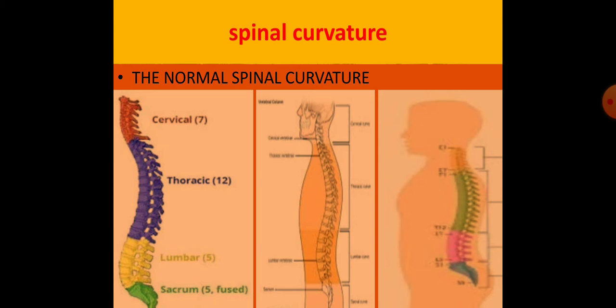When these curves change due to bad posture, which we discussed in the previous video on causes of bad posture, or when there is even a slight change in the curve, it will definitely cause postural deformities of the spinal curvature.